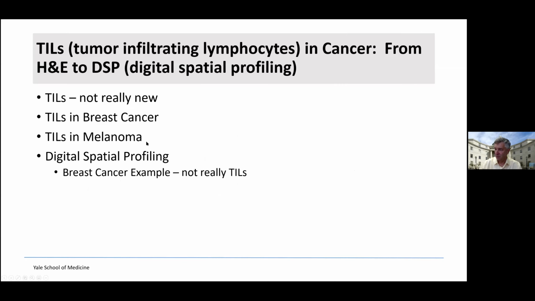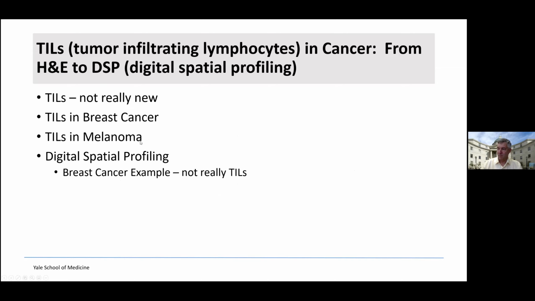The session today will go as follows. I would like to start with talking about TILs, tumor infiltrating lymphocytes, and give you a very brief history. Then we'll talk about TILs in breast cancer, predominantly automated TILs, and then TILs in melanoma, again, our automated methods for assessing TILs.